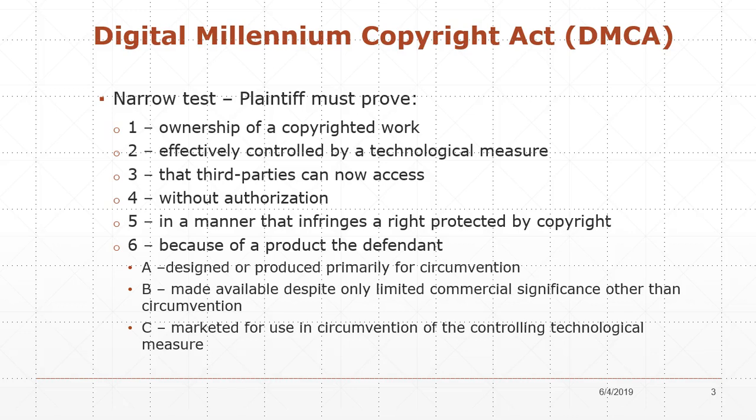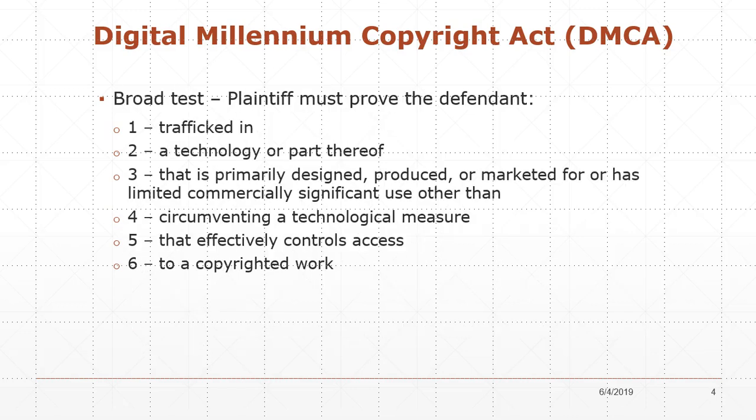So in essence, you can see that nexus. I have a copyrighted work, it has an access control, that control has been circumvented, giving access to the underlying material, which infringes in a way that infringes on my right to protect that copyrighted material.